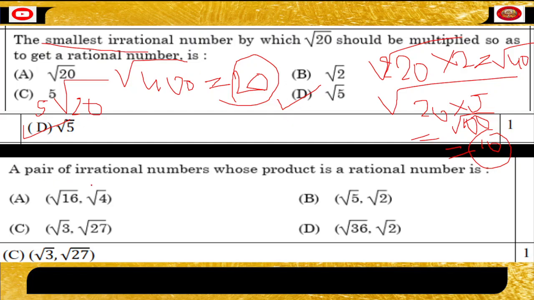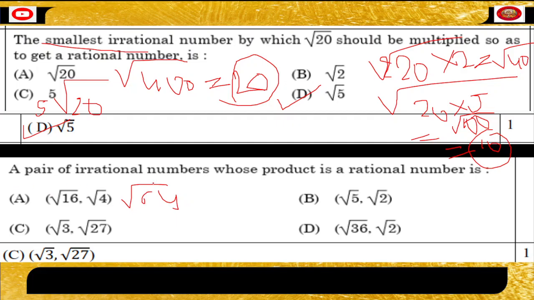Next, a pair of irrational numbers whose product is a rational number. Here is 16 into 4, which is 64.